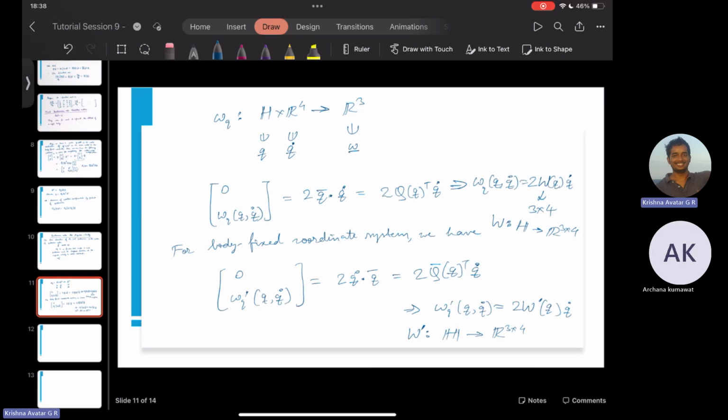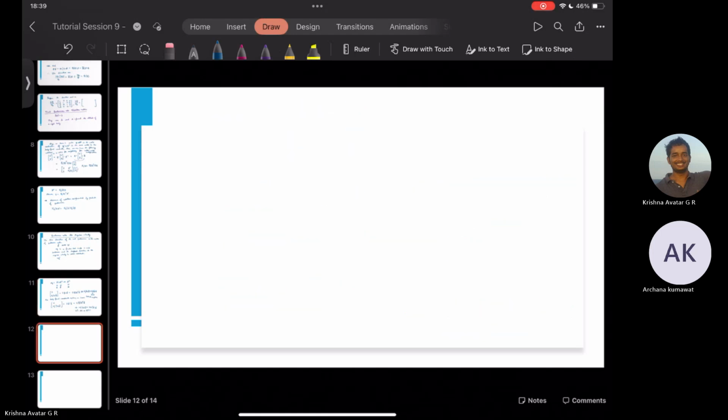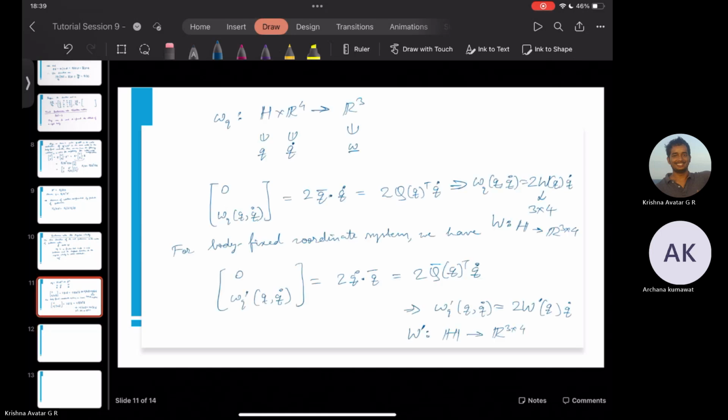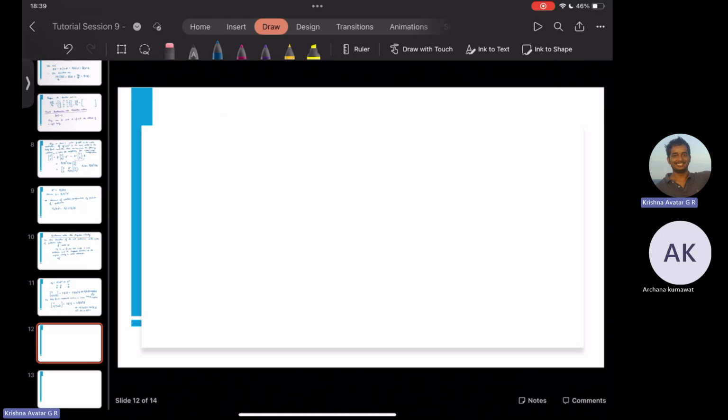So now what we do is, we could also discuss how to obtain quaternion rates from angular velocity.